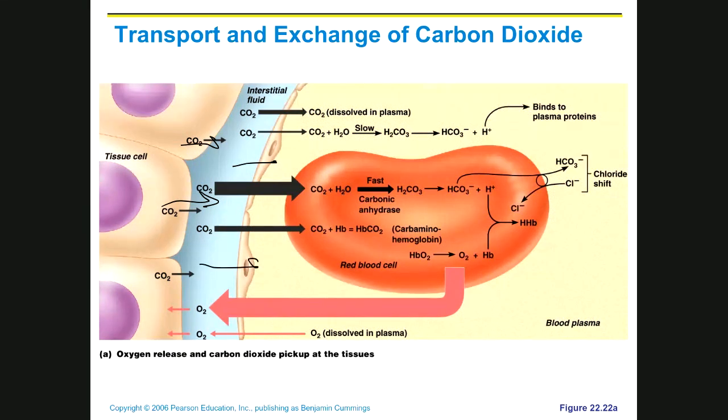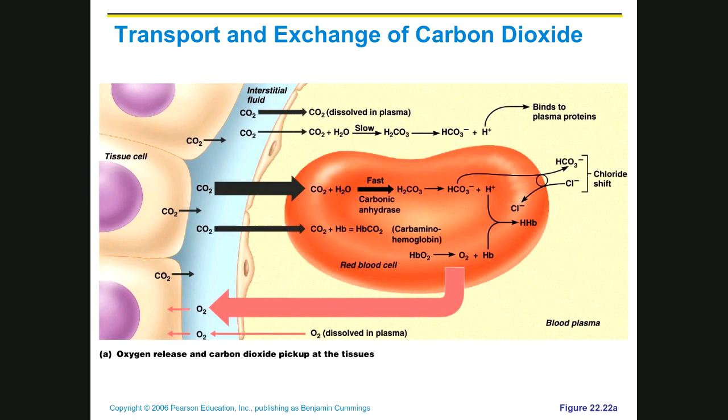It enters the blood, we're going to transport it 3 different ways. About 7%, 7 to 10, is going to dissolve in the plasma. In other words, it's just going to float around in here. It won't change, it won't do anything, it just floats in here. About 20 to 23% is going to enter the red blood cell and combine with hemoglobin. And we're going to get this carb-aminohemoglobin.